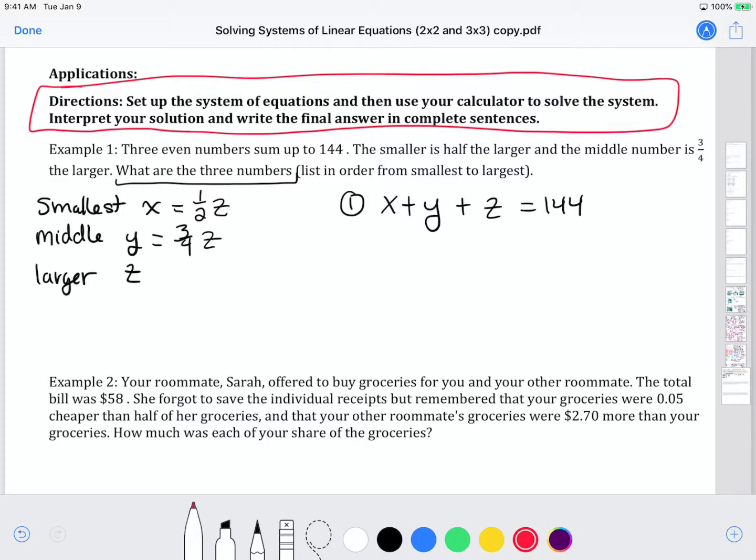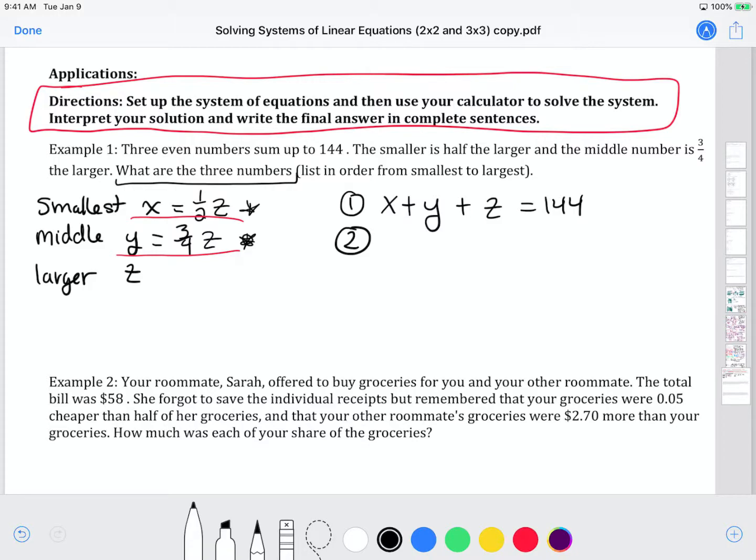So we can use this information here to come up with our second and third equation. This actually is an equation, and this is actually an equation, but we have to do a little bit of work to set it up so that we have our x, y, z's, and constants lined up. So I'm going to take the x equals 1/2 z, and subtract 1/2 z from both sides, so I can line up my coefficients. I want my x, y's, and z's to be on the same side, and then my constants on the other.